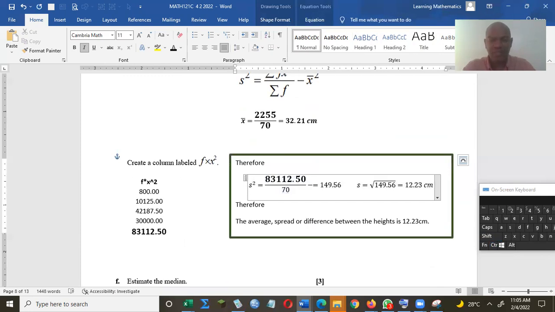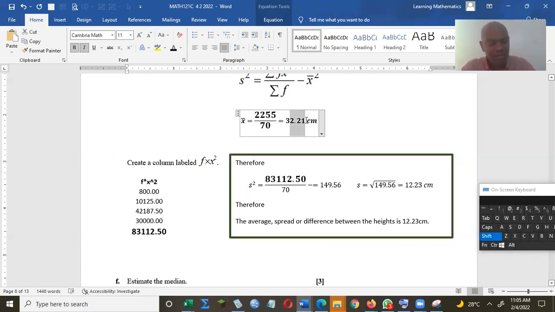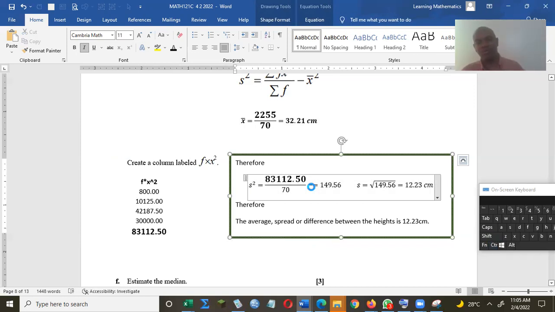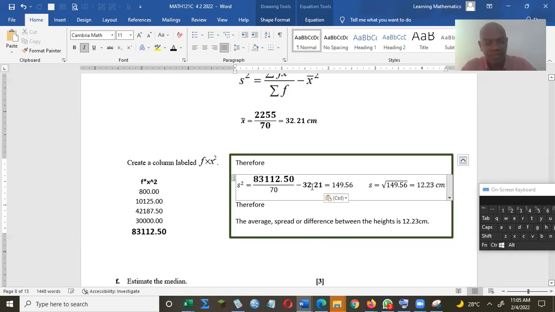This formula is now involving the mean in the whole calculation of variance. Now the mean is incorporated, minus the mean squared.